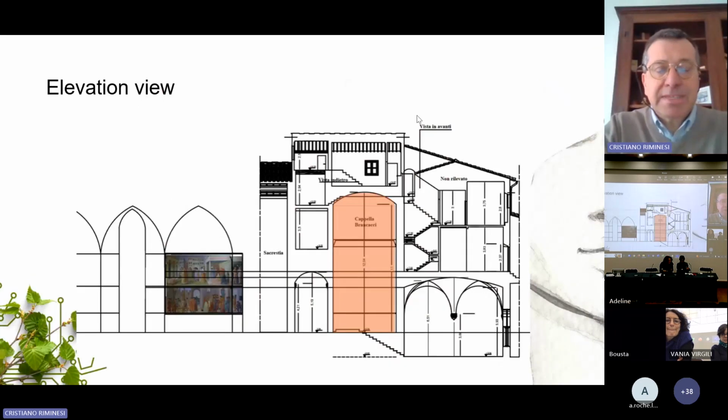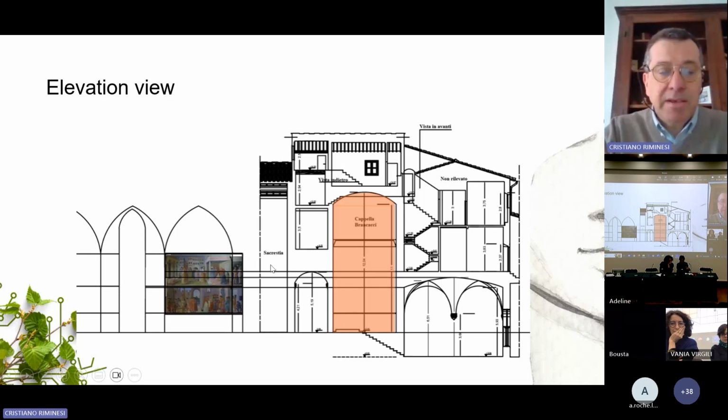In order to understand the nature of this problem, we must understand the location of the Brancacci chapel inside the monastery. This is highlighted, the portion of the chapel in the building.